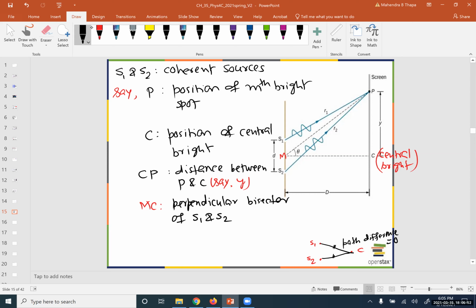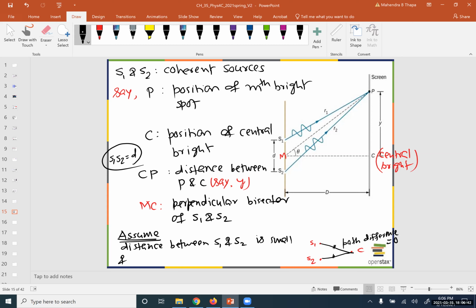In this case, you can see from the picture, or we can make the assumption, that the distance between S1 and S2, which we call D in this picture, is small, and PM, you see in the picture, is much bigger.